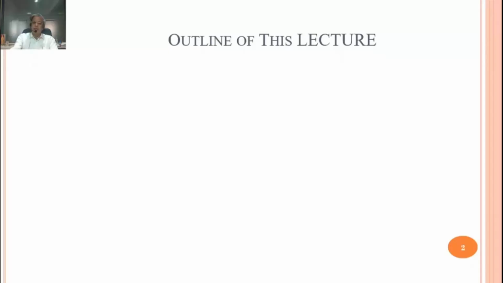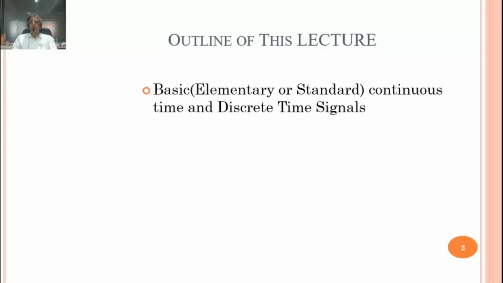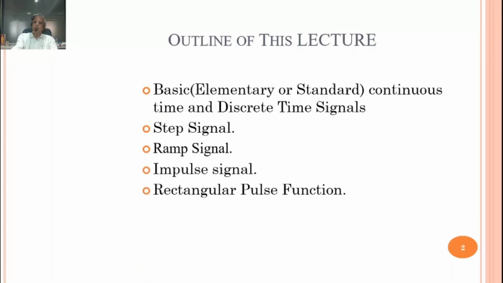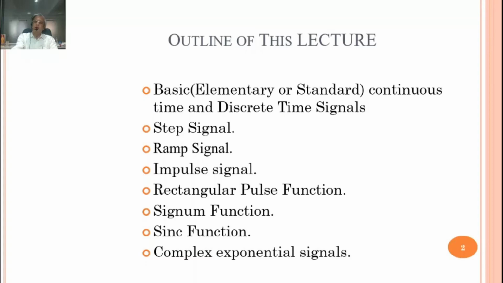Now in this lecture we are going to discuss the basic continuous time and discrete time signals. The basic signals are the step signal, ramp signal, impulse signal, rectangular pulse function, signum function, sinc function, and the complex exponential signals.